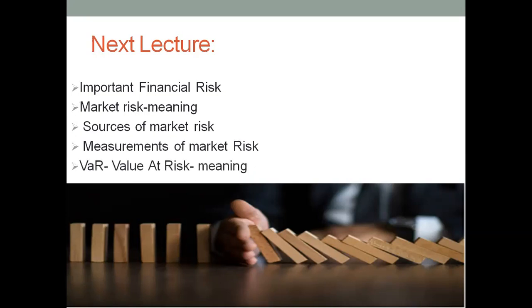And the last topic to be covered in the next lecture is VaR, that is value at risk. What do you mean by this? This value at risk is a very important measurement of market risk, as well as other risks. So the meaning of that, and if you get a value for that, what does that mean? All these things we are going to cover in the next lecture.